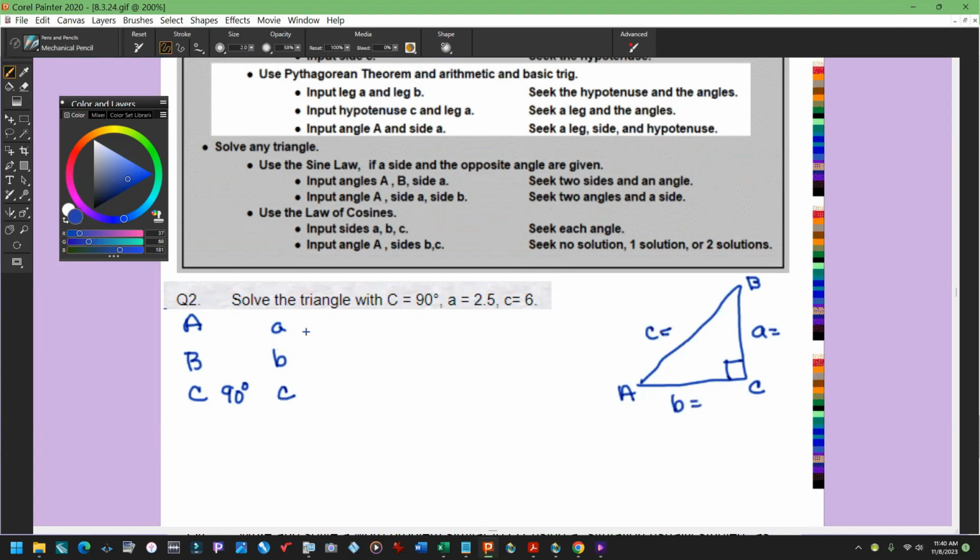A is 2.5. C is 6. I want to find the other angle measures. I could go for the Pythagorean theorem and find what B is. I don't have to do it this way, but I'm going to do it this way.